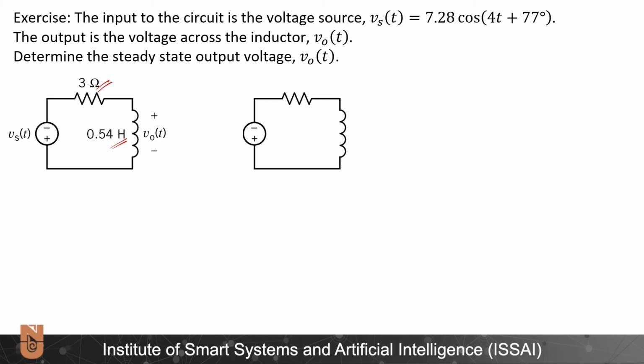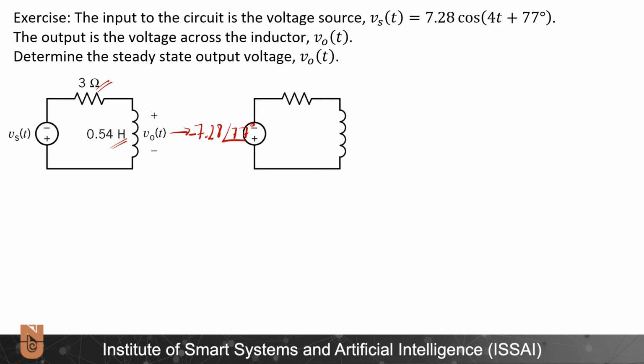So the first thing I will do is convert this circuit to the frequency domain by writing the input voltage as a phasor, 7.28 with an angle of 77 degrees. And I need to be careful because this here is minus plus, so this will be a minus voltage.